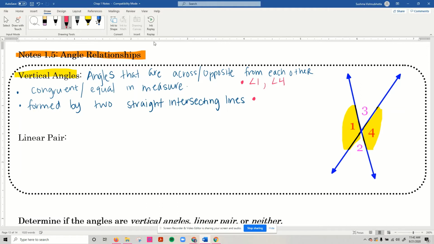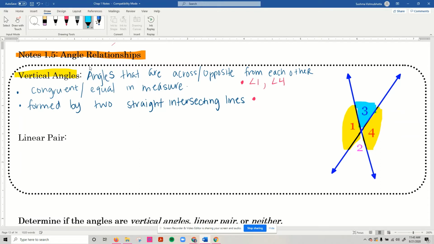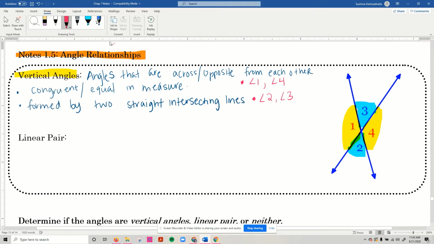One angle can't be vertical. It's only vertical in relation to another angle. So a second pair of vertical angles are 2 and 3. So angle 2, angle 3 are also vertical angles. And this is what you would say if I asked you to identify, but really how they're related to each other is angle 1 is congruent to angle 4, and angle 2 is congruent to angle 3.